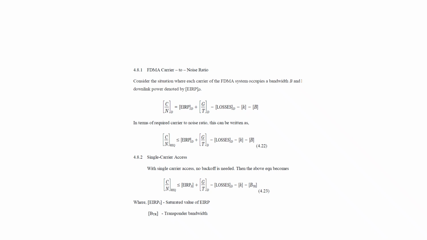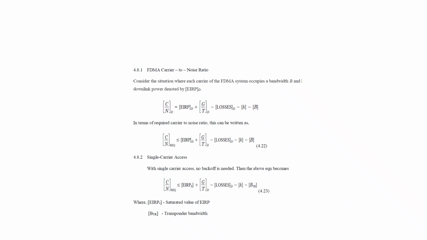In this equation, EIRP is the calculated EIRP value, and G/T is the gain of the antenna. Losses include, while downlink, different types of losses, that is antenna misalignment loss, feeder loss, and absorption loss. All these path losses are considered.